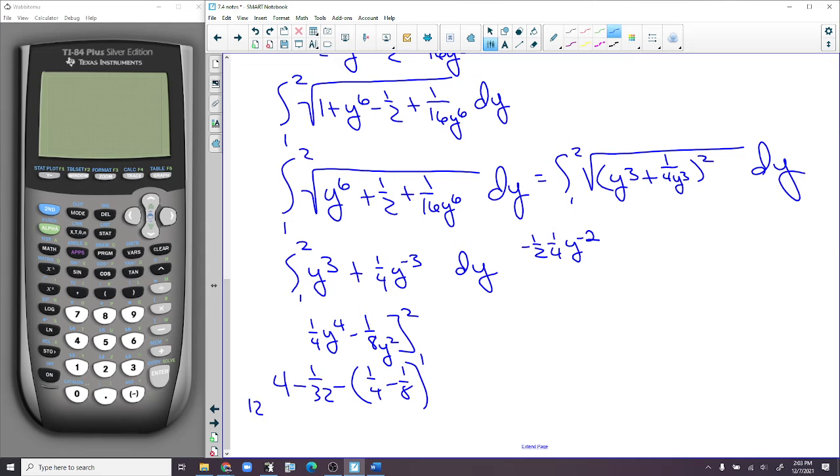So 128 minus 1 minus 8 plus 4, all over 32. 123 over 32 is the length of the curve. I don't know, I always thought that was kind of a fun little exercise in algebra. See if you remember how to FOIL and how to manipulate all this. I like that one.